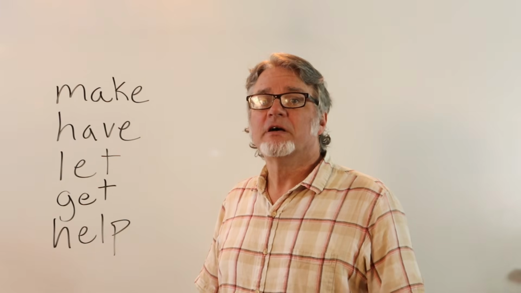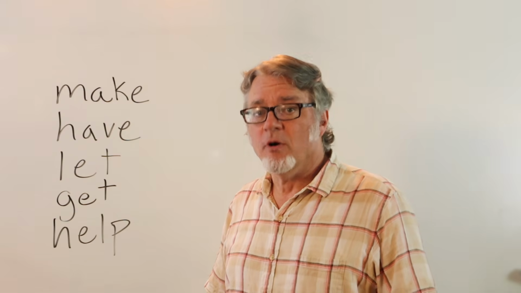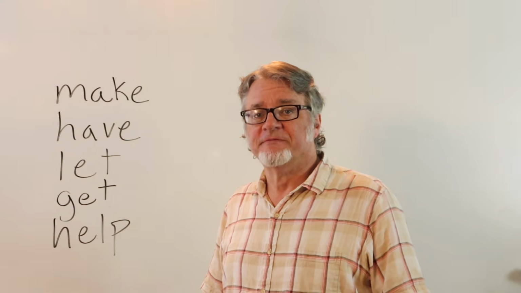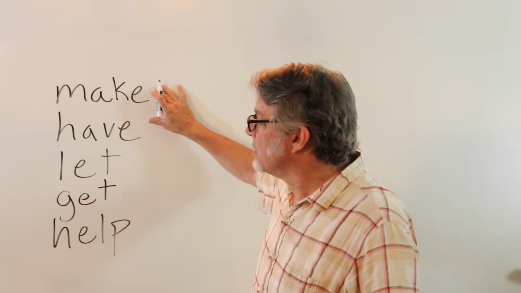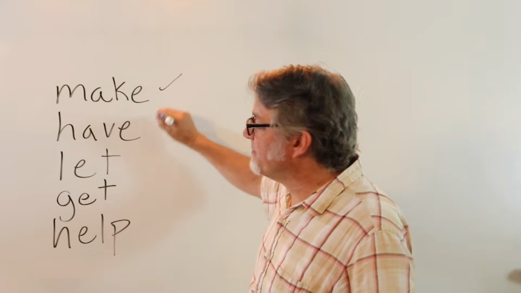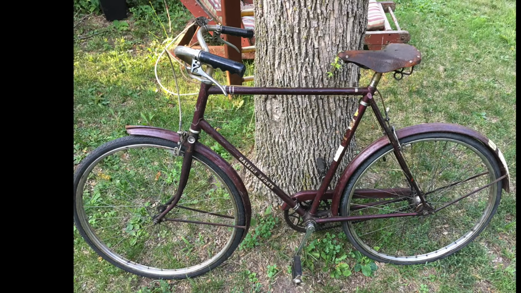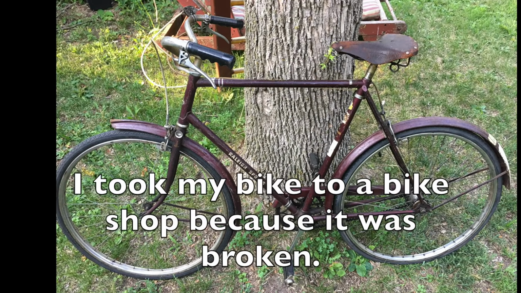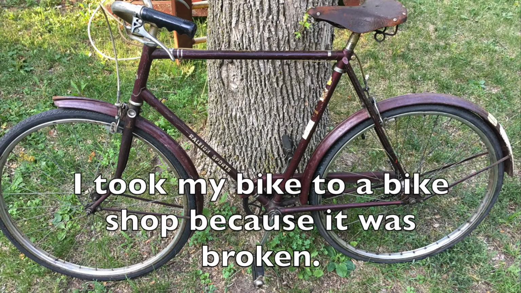Make, have, let, get, and help are the most common causative verbs. In this lesson, I'll show you how to use all of these, but I'll especially give attention to make, have, and get.